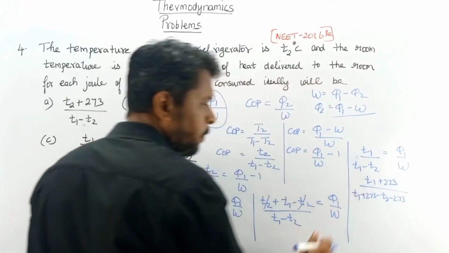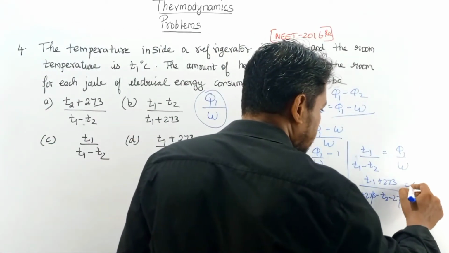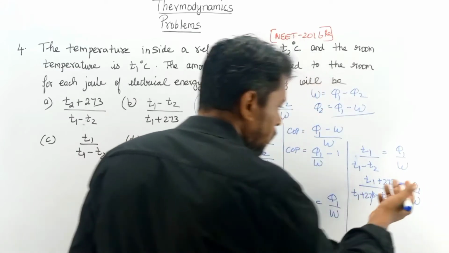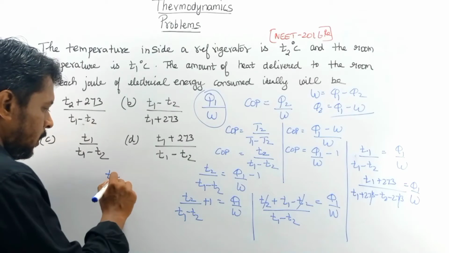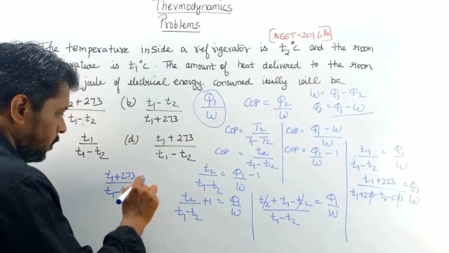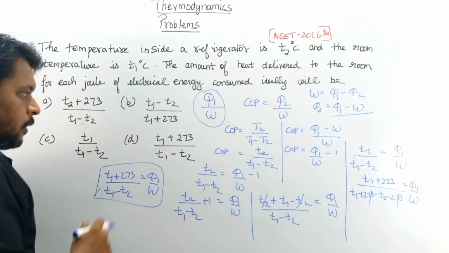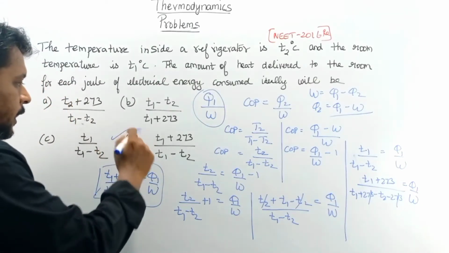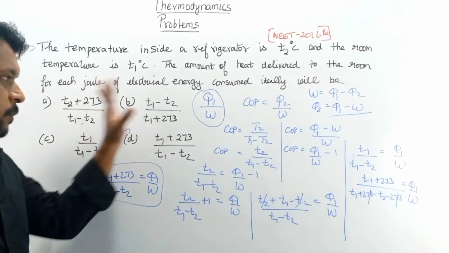So this 273 will cancel. So the final answer will be T1 plus 273 by T1 minus T2, which is equal to Q1 by W. From this we can see option D will be your right answer. So the Q1 by W value is T1 plus 273 by T1 minus T2.